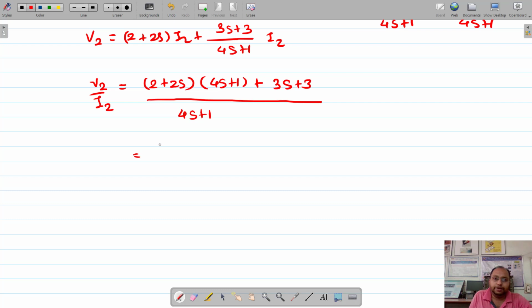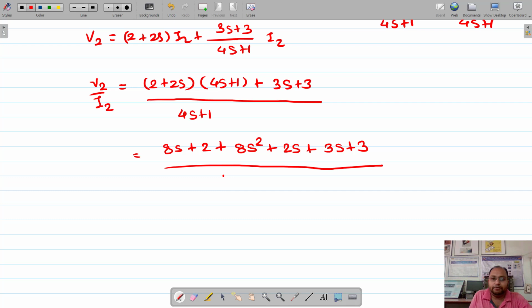So 4s into 2 is 8s, plus 2, plus 4s into 2s, it is coming as 8s square, plus 2 into 1, 2, plus 2s into 1 is 2s, plus remaining terms are 3s plus 3. Is it? Yes. And divided by (4s plus 1) will be as it is.